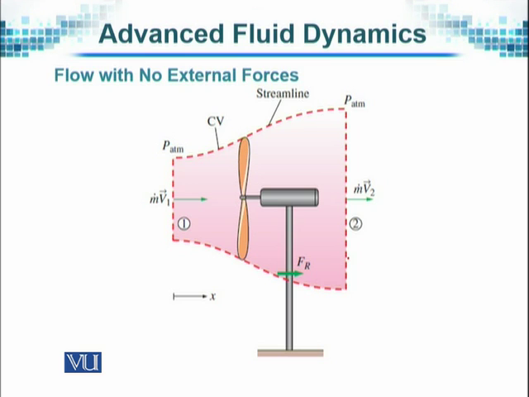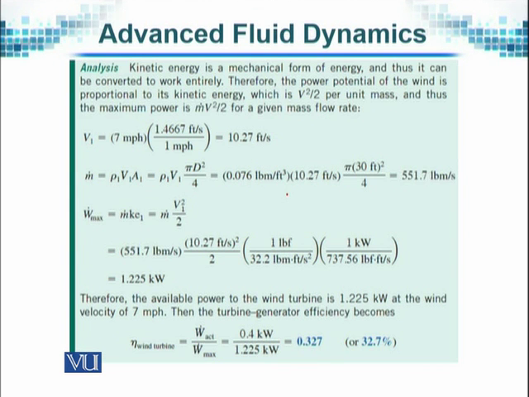The wind is moving from left to right with a velocity v1, the momentum flux will be m dot v1, which is hitting the wind turbine. And then in between are, of course, the gadgets that convert this wind energy into electrical energy. But we are concerned with the flow field, and that's what we are looking at.